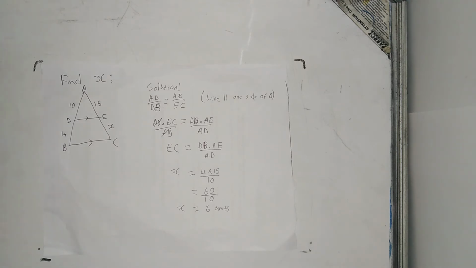And what does it mean? We were able to explain that it means that if I have a triangle and I draw one line that is parallel to one side of the triangle, then I will know that that line divides the other two sides in a proportional manner. And then we say, when do we use the proportionality theorem? We say number 1, we use it when we have a triangle, and number 2, in that triangle we must have one side that is parallel to the other side.